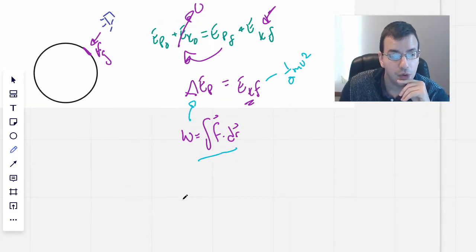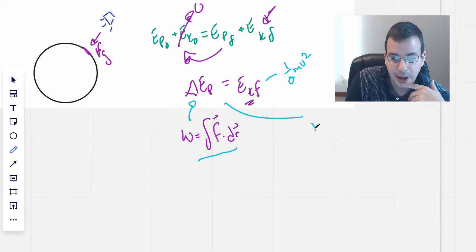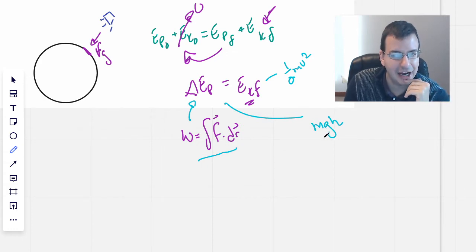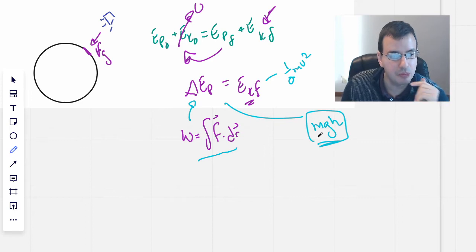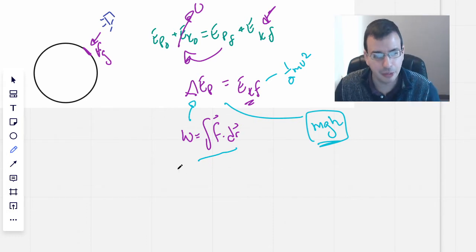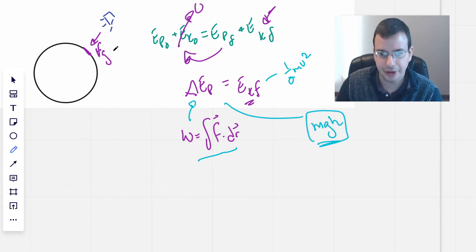One other thought you might be having at this point is, we already know the equation for potential energy. It's mass times gravity times height. Well, that's not entirely true. This right here is an approximation. I'll probably show you later as we go through this problem where that approximation comes from, but you can't use that here, and you'll see why later.